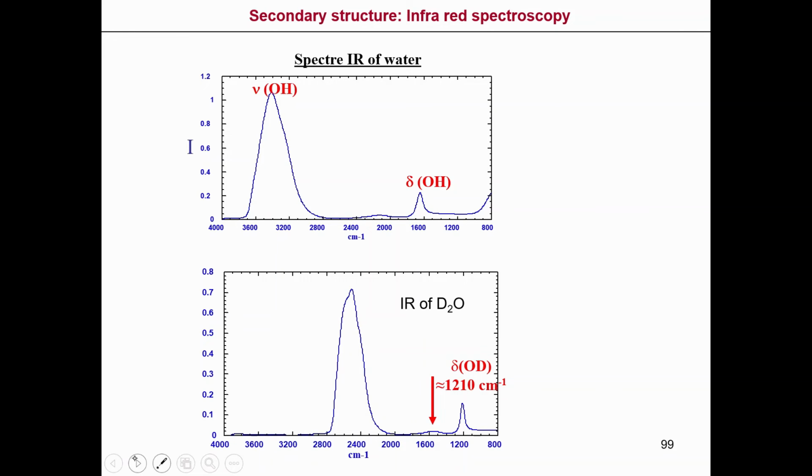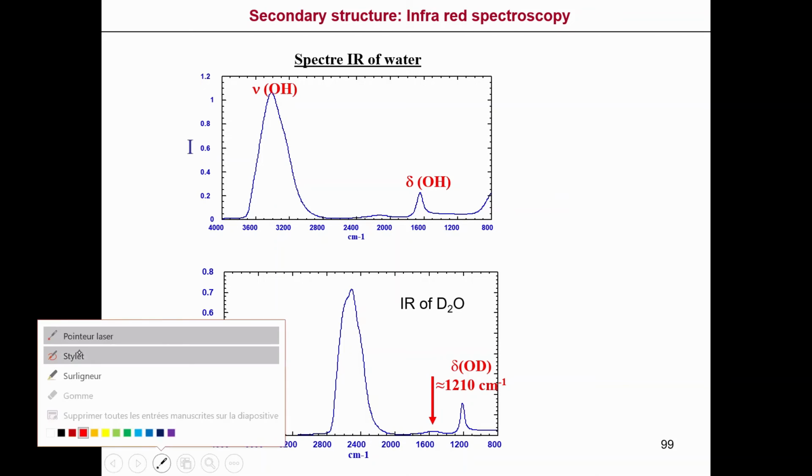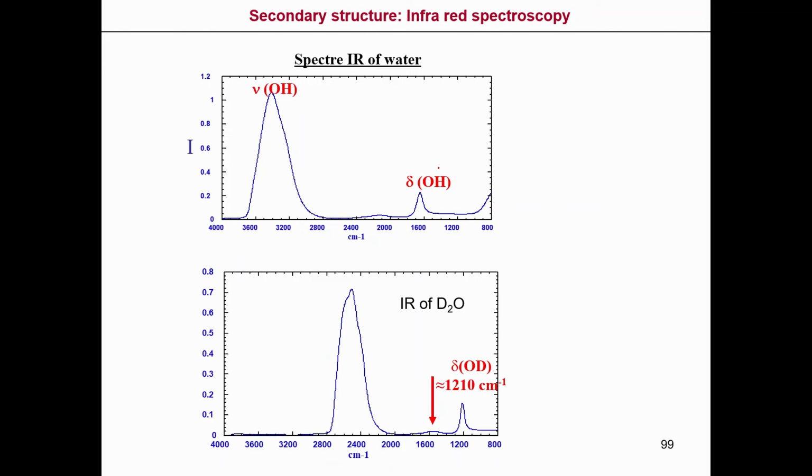And if you see the infrared spectrum of water, you have an absorption of water in the same region as amide 1. It means that the infrared spectrum of water will hide the amide band.